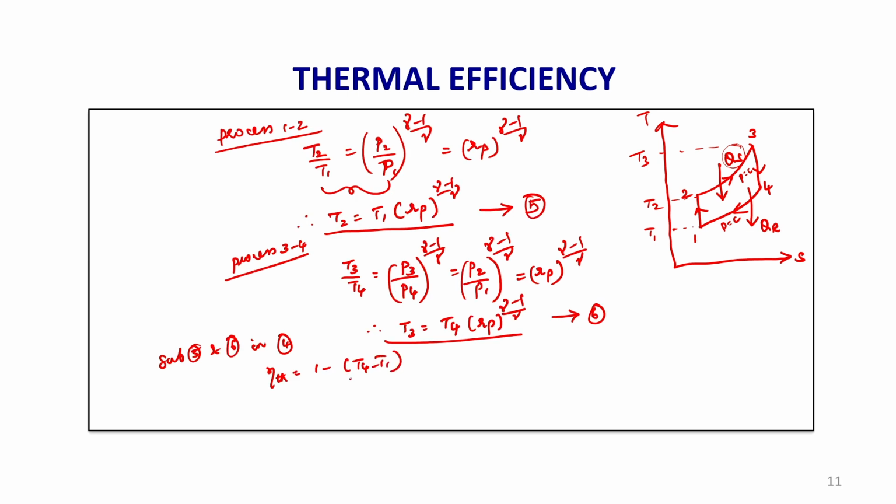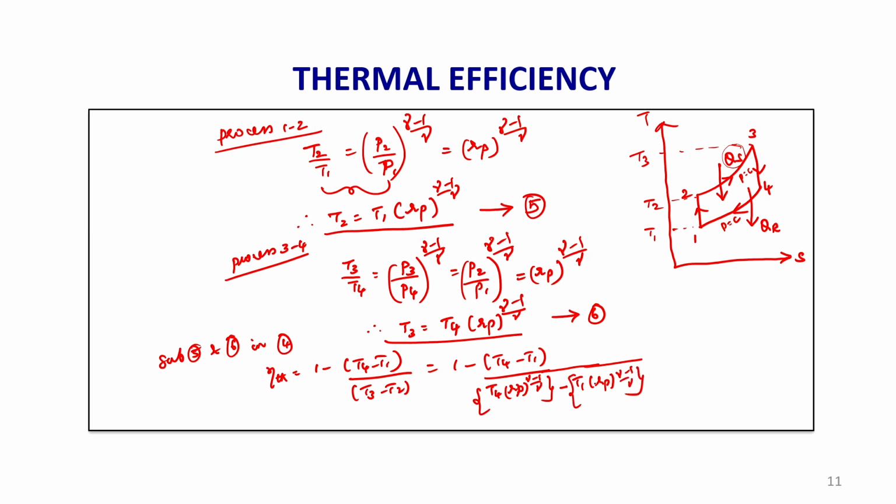So, 1 minus, the numerator I am going to keep as it is, because we have found T2 and T3 which are in the denominator. So, there is no change in the numerator, divided by, instead of T3, T4 into Rp power gamma minus 1 by gamma, let me put one bracket here, minus, instead of T2, T1 into Rp power gamma minus 1 by gamma.